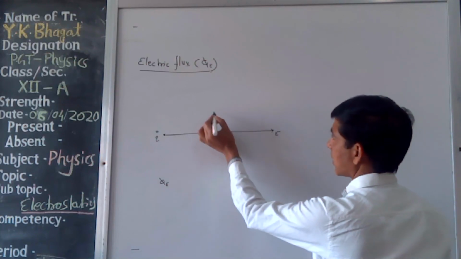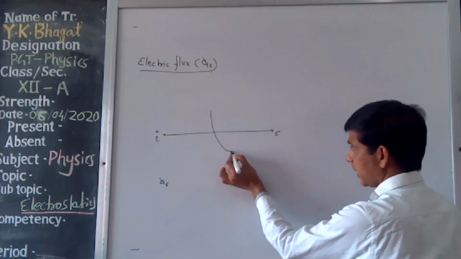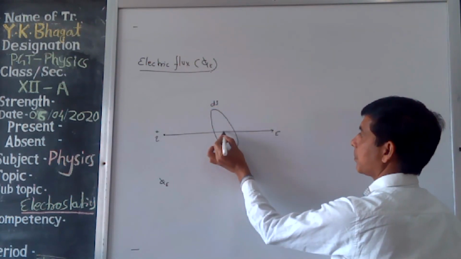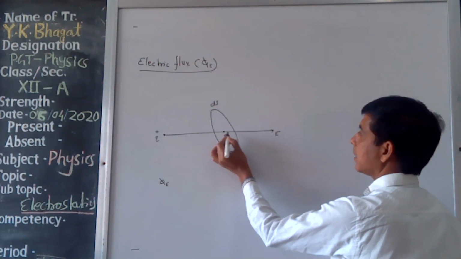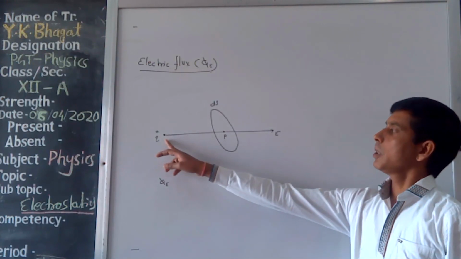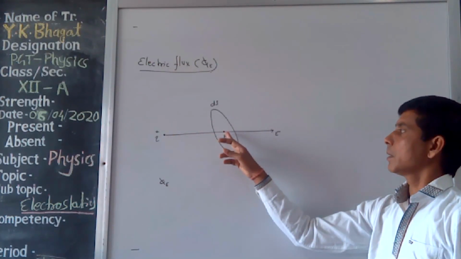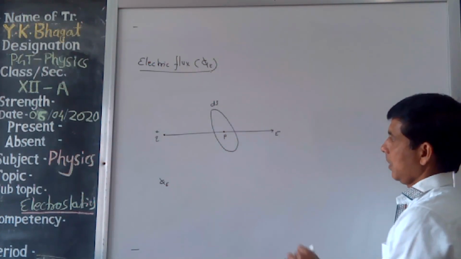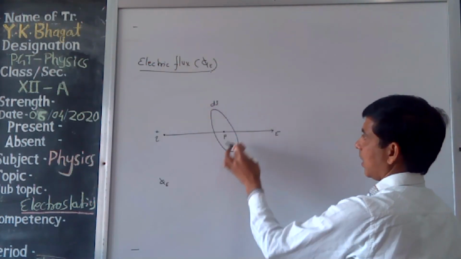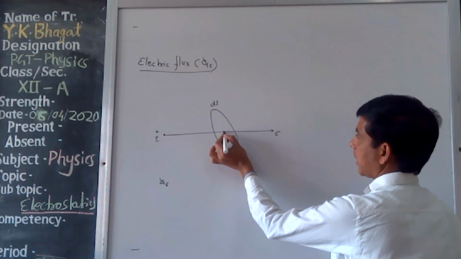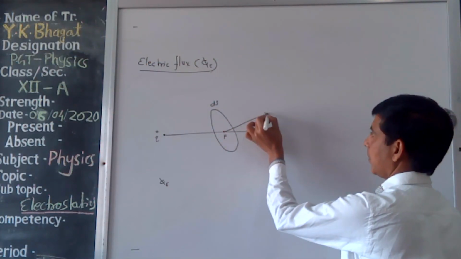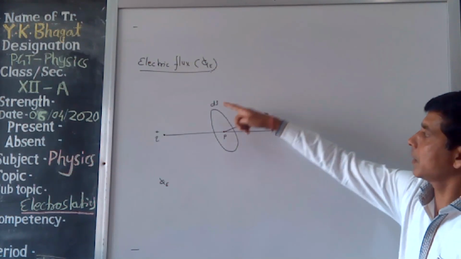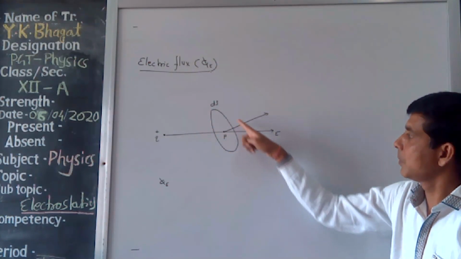Now we consider a small area dS, and at point P, due to this charge, E is the intensity at that point. Then the normal direction of this area will be this. This represents the normal of that area.